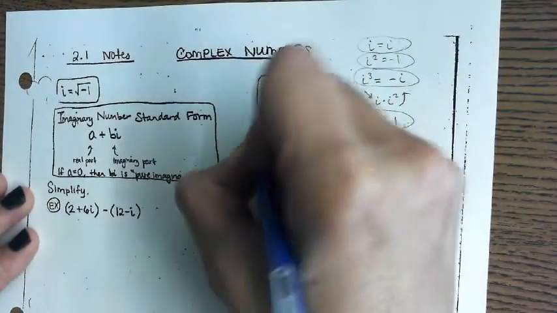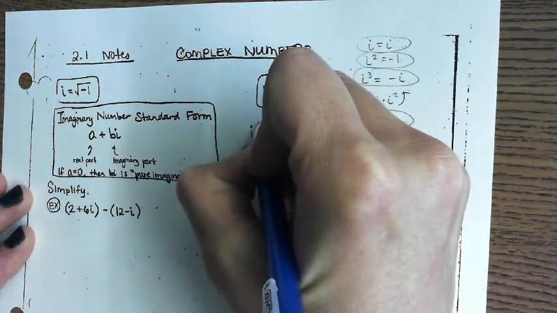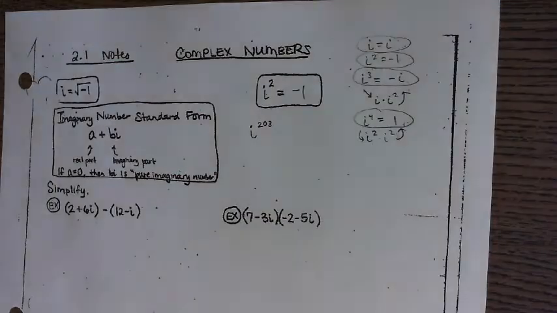So when someone asks you, what is i to the 203rd power? Your job is to figure out, what is the closest multiple of 4 that is less than or equal to 203? What's the closest multiple of 4 to 203? 50 is very far away from 203.